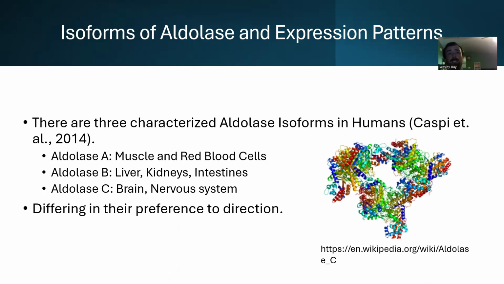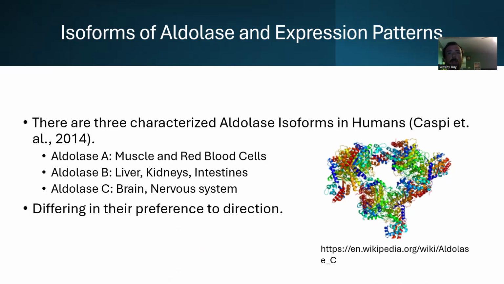And aldolase C is being expressed in nervous system tissue and the central nervous system, the brain in particular. Towards the latter part of this presentation, we start talking about the implications of various transcription factors on aldolase B specifically. I want to draw attention to that there are different modulators to aldolase A and aldolase C.